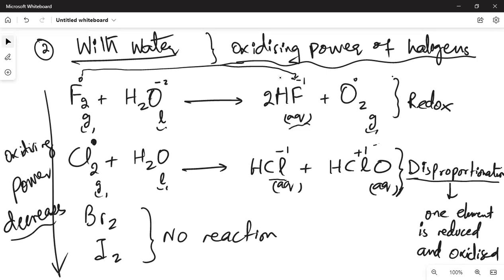In chlorine, 50% is reduced and the other 50% is oxidized, which we call a disproportionation reaction. A disproportionation reaction is one in which one element is reduced and oxidized simultaneously. Bromine and iodine don't react with water. They simply get partly ionized in water, so we don't count that as a chemical change.